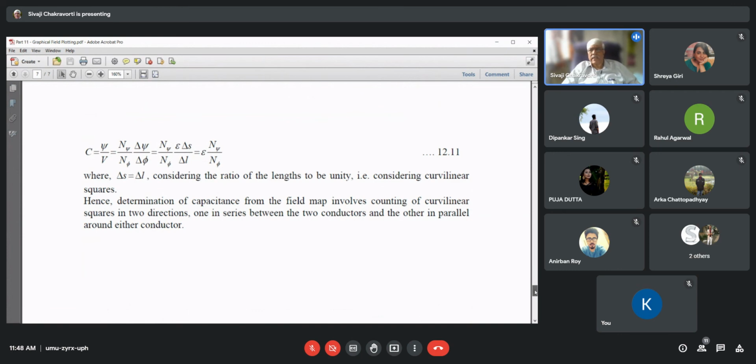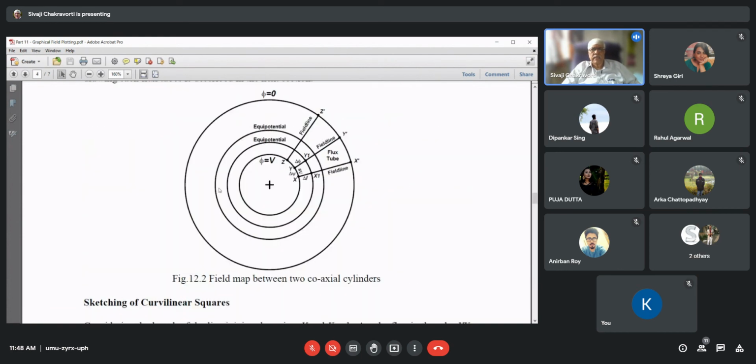So how do I find the capacitance? Again, I come back. It is a very simple statement: you take these flux tubes and count how many there are. Of course, it depends on your field map. If you have a denser field map, you will have more flux tubes. If you have a coarser field map, you have fewer flux tubes.